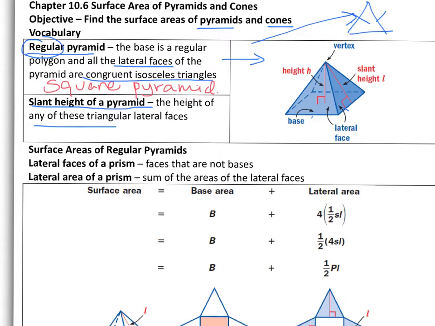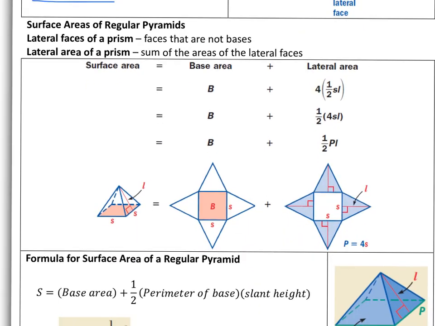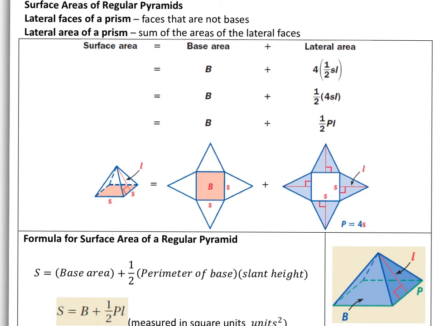Now I'm going to show you how to calculate the surface area of a regular pyramid. To calculate the surface area of a regular pyramid, you just take the base area and add it to the lateral area.